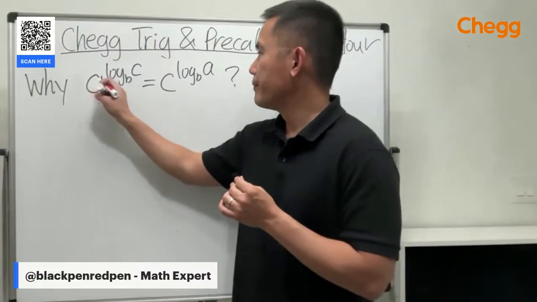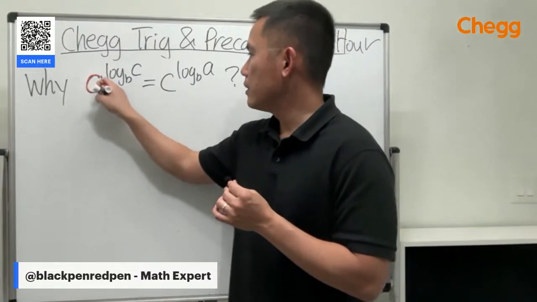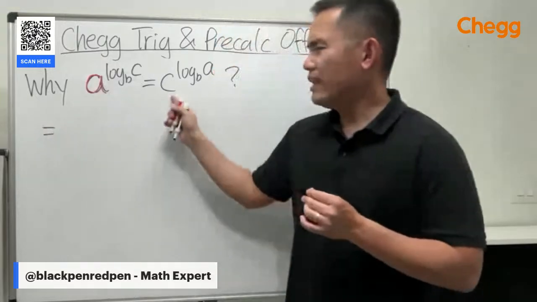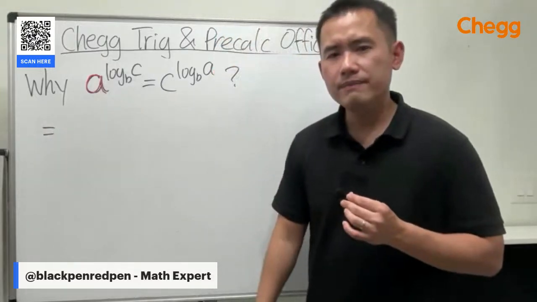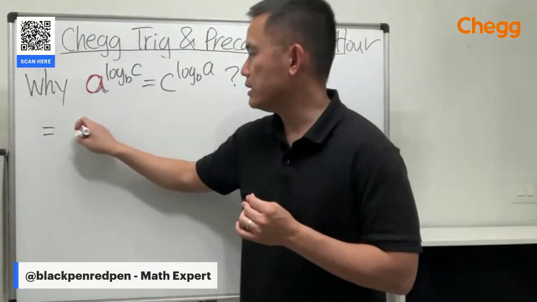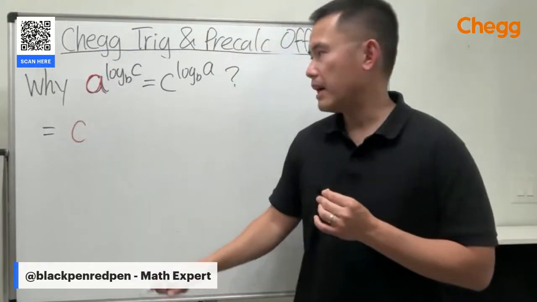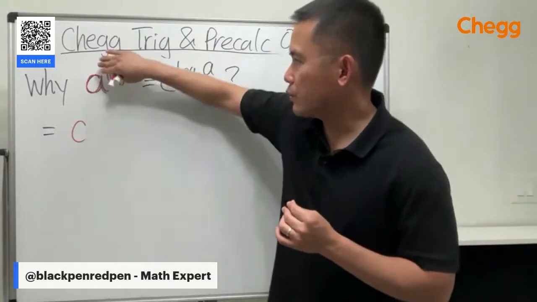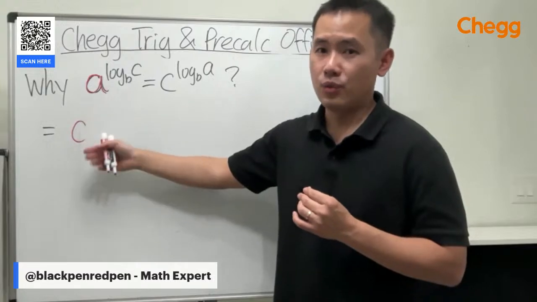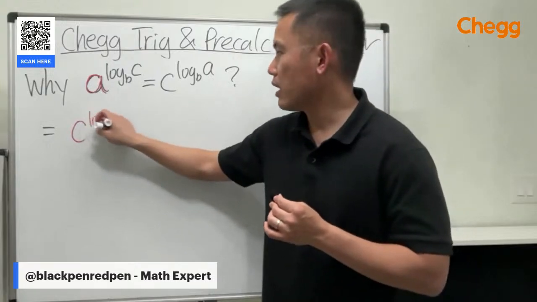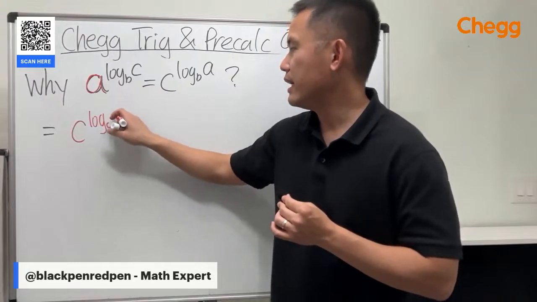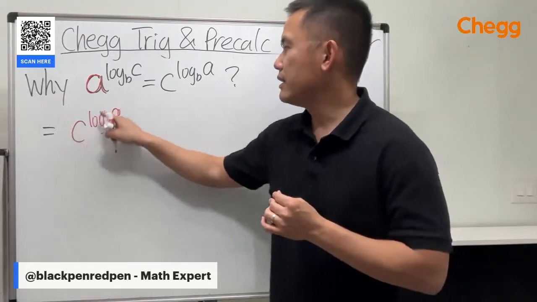Here we go. Have a look at a. I want to end up with base c, so I really want to produce a c. C to what power will give us a? If you raise that to log base c of a, this and that will cancel.